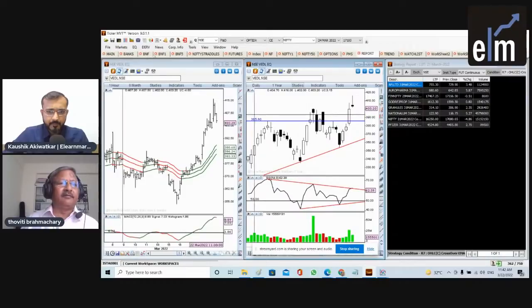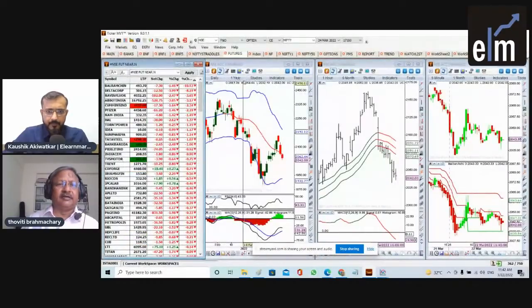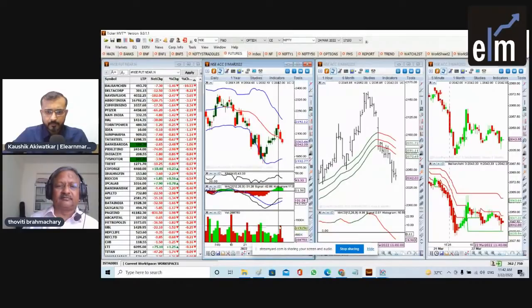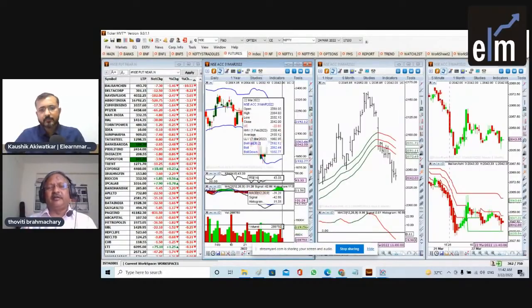Even in ACC that we discussed, if you look at the volume size, the volume matches that. So once we have entered the trade, volume will confirm and build our conviction.